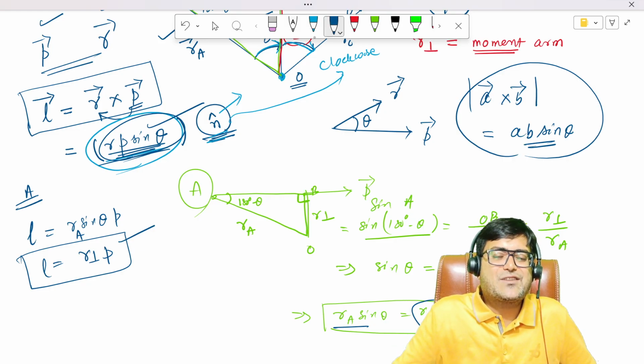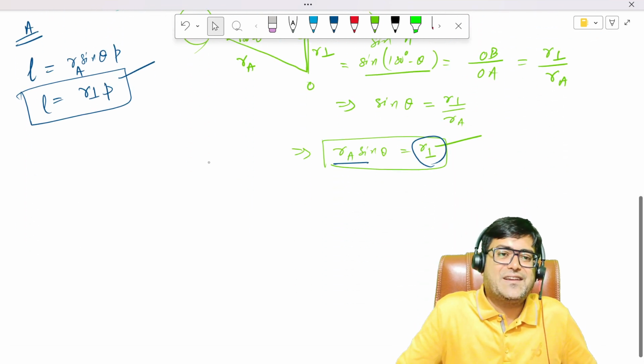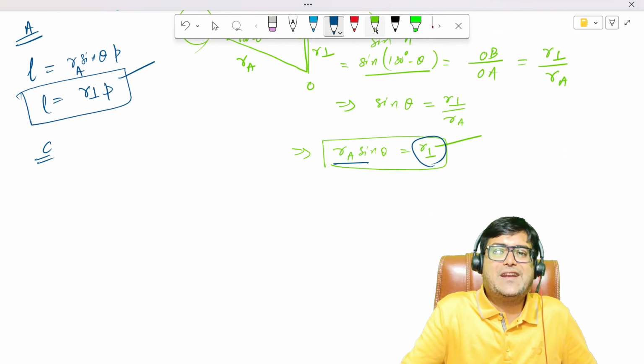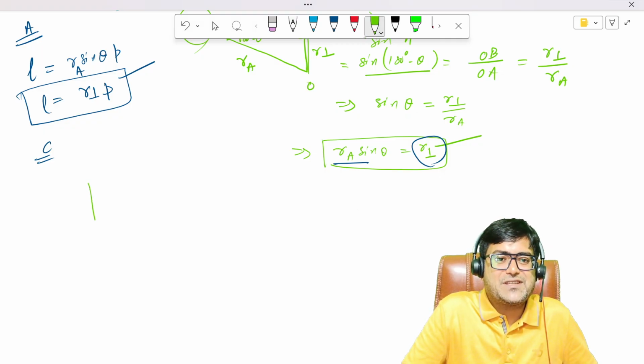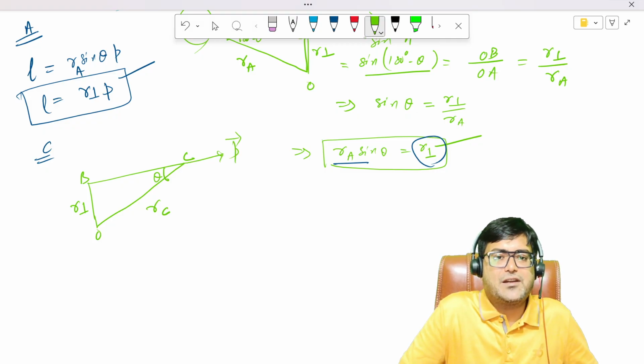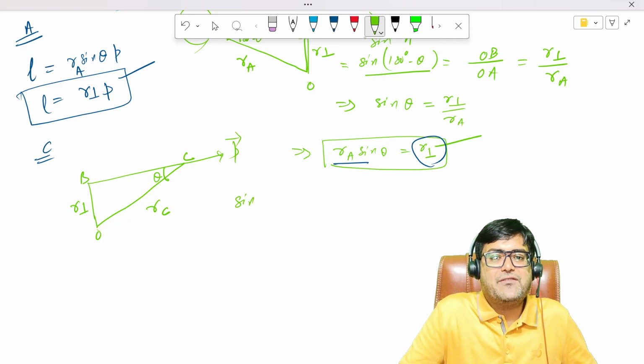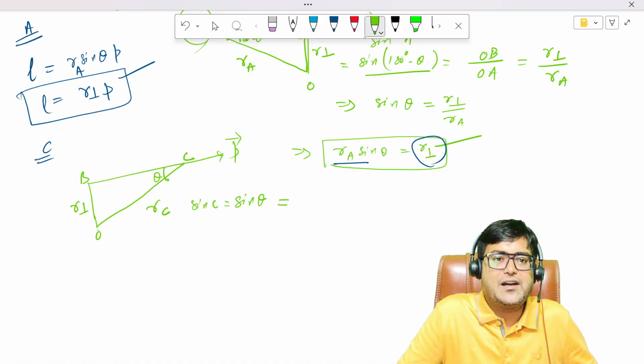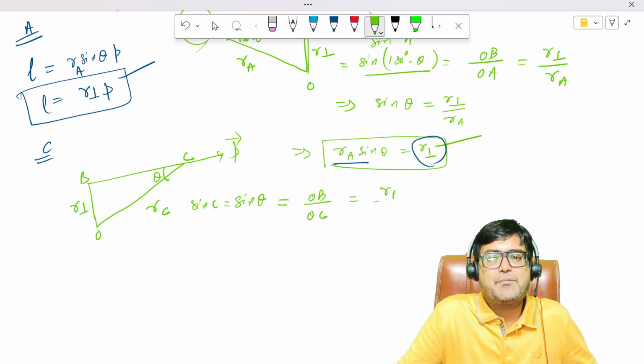But then you will say, so what happens to point C? Imagine at point C, let me draw the triangle again. At point C, this angle is already theta, this is O, this is B, and this is C. Now O to C is r_C, O to B is r perpendicular, and this is the direction of the momentum vector. Now in that particular triangle, sine of C, which is sine of theta, is once again OB over OC, and that becomes r perpendicular divided by r_C, yes or no?